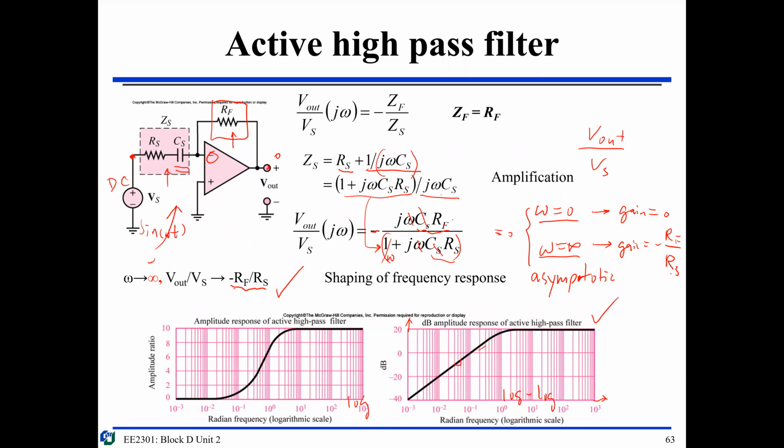You can see that at high frequency, they pass. At low frequency, they stop. Which is true, because when this is DC, very low frequency, the capacitor will stop the DC. So this is a high pass filter.